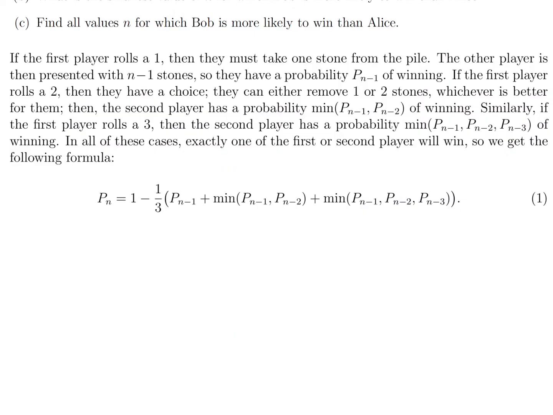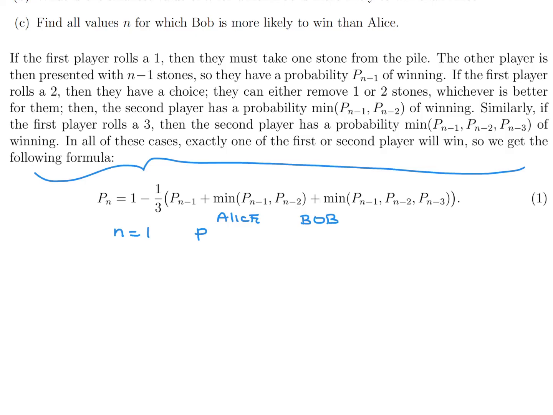Find all values n for which Bob is more likely to win than Alice. So we have this recursive formula, and the explanation of how this recursive formula has been obtained is up here. This whole explanation, I encourage you to read it and understand it. Remember when we had n equals 1, the probability was originally for Alice and for Bob.